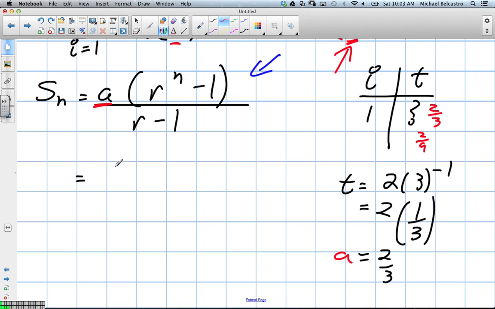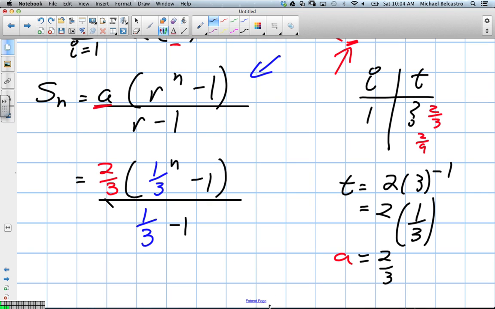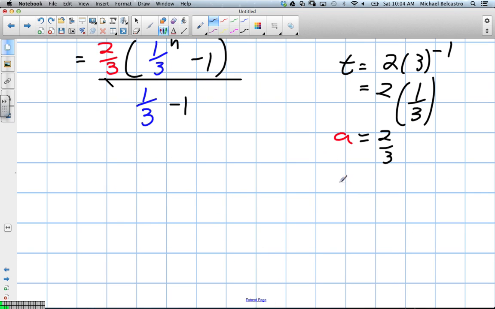So now we can plug that into this equation. Our A value is 2/3. Our R value is 1/3 to the power of n, minus 1, all divided by our R, which in this case was a third again, minus 1. So from here, as another side note, we know a third to the infinite power, because this is smaller than 1, will essentially be 0.